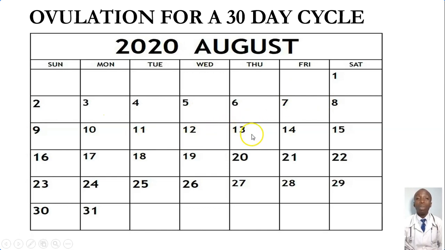It doesn't matter where the 14th day is going to fall. It could actually be here. You count 14 days, and then on the 14th day, add 3 days in front and 3 days back. That is your fertile window, the days you are most likely to get pregnant. And then the 14th day specifically is when the egg is released.